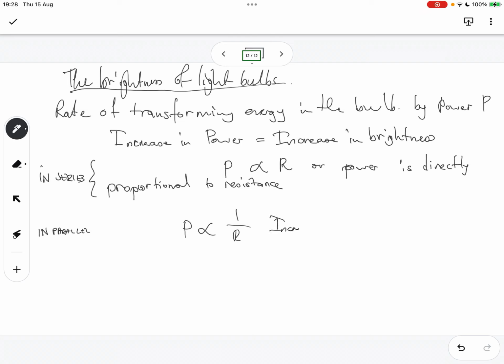So increase in power equals increase in brightness when resistance decreases.